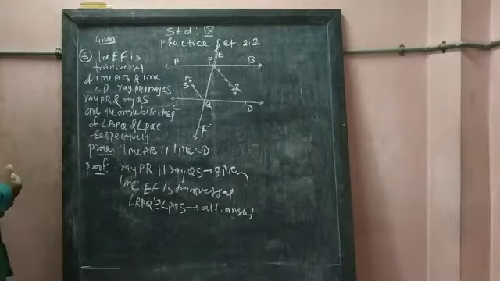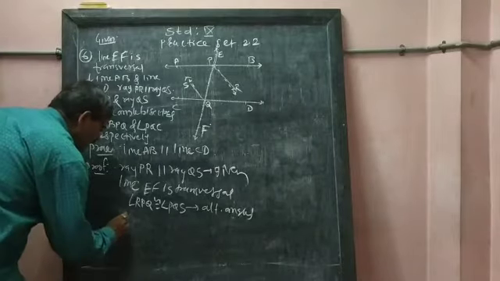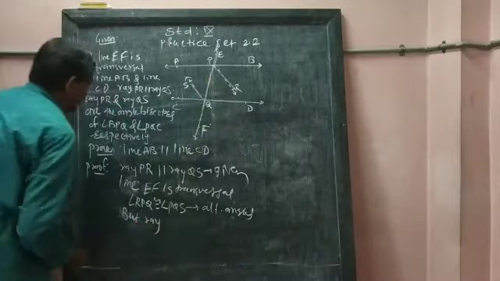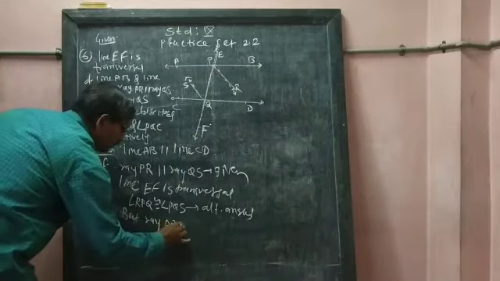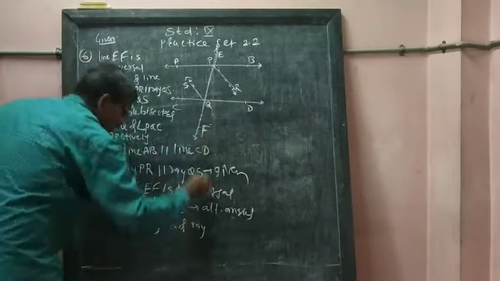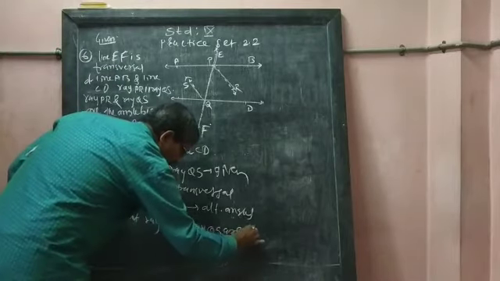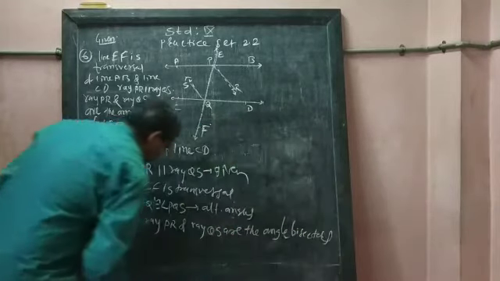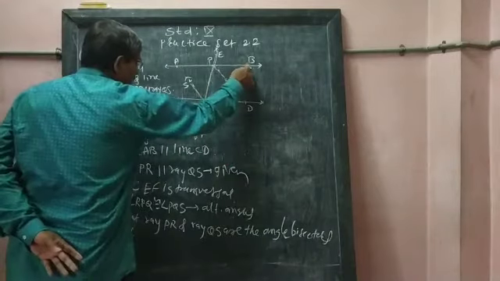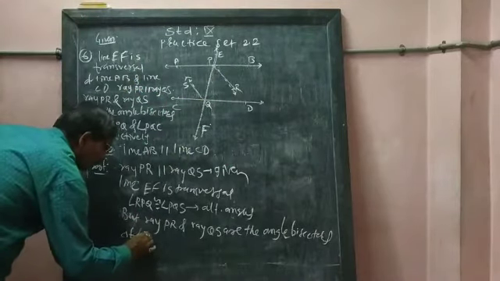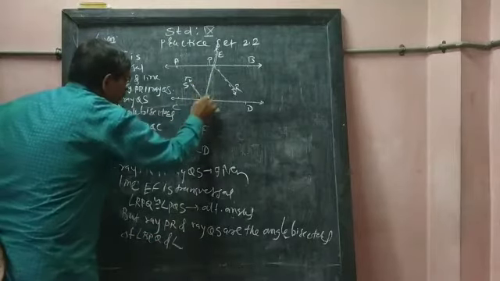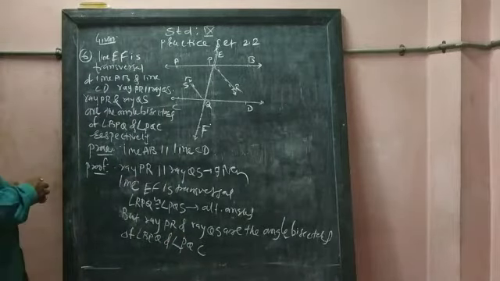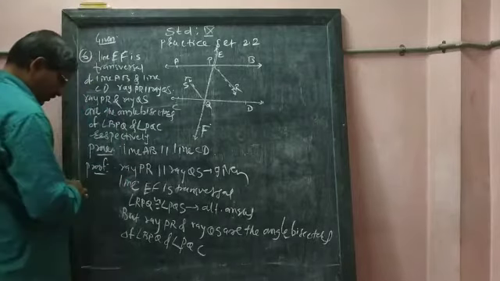Now ray PR and ray QS are the angle bisectors of angle BPQ and angle PQC. Therefore, here we will write.